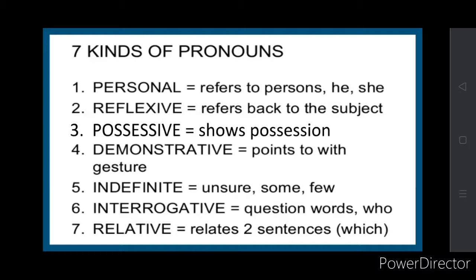Here we use question words like who, which, whose, etc. The last one is relative pronouns. Relative pronouns relate two sentences. If there are two sentences talking about the same thing, then we use this pronoun to relate both of these sentences. Now we will look into more detail in all of these kinds of pronouns.